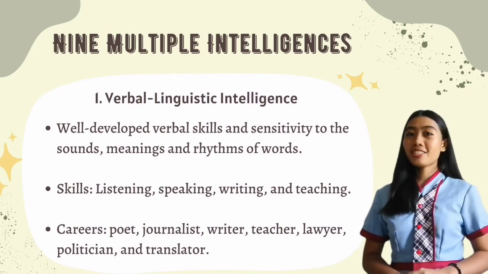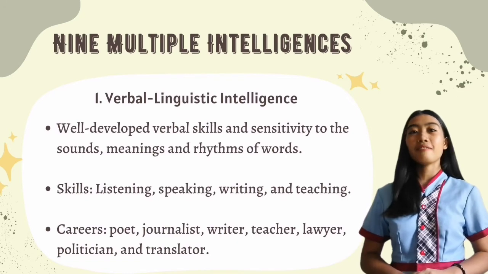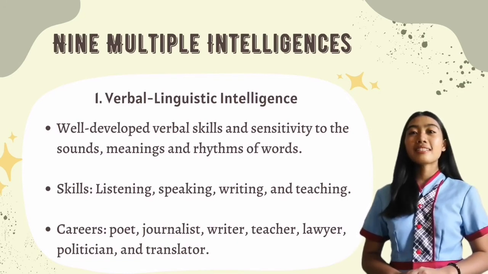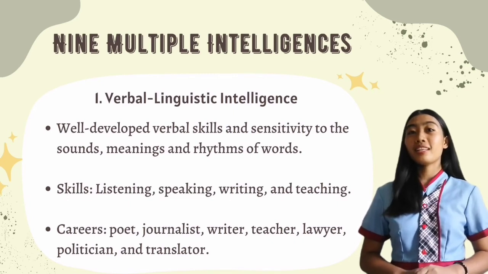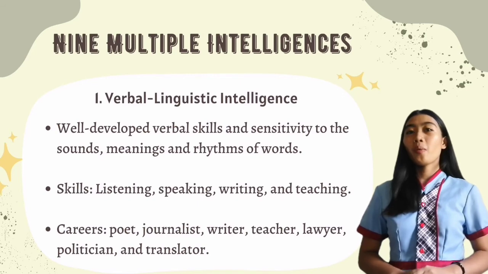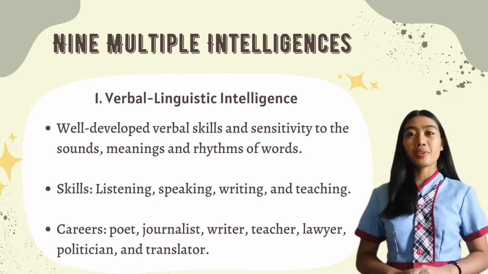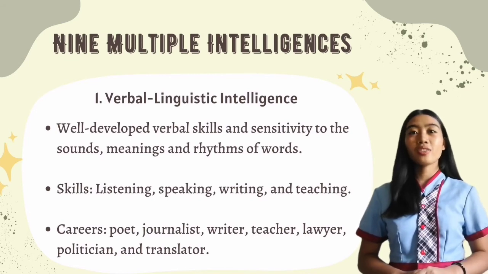This type of intelligence describes well-developed verbal skills and sensitivity to the sounds, meanings, and rhythms of words. It includes listening, speaking, writing, and teaching skills, while the possible careers are poet, journalist, writer, teacher, lawyer, politician, and translator.